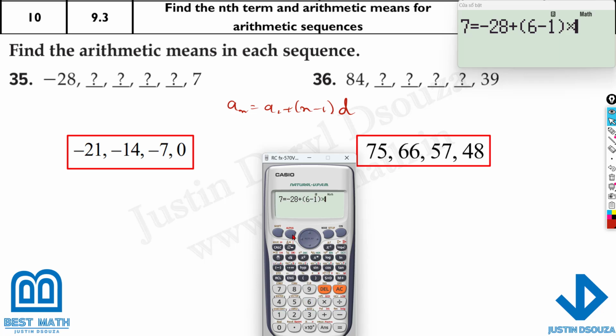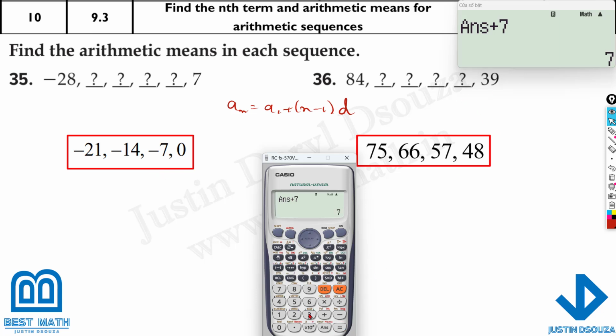Close the bracket, multiply with alpha x, shift and solve. That is equal to 7. So 7 is the d value that's been added up. So minus 28 and minus 28 plus 7. Now here we got negative 21. And now change this to answer and keep on pressing equal to. You'll get the next term and the next term and so on.